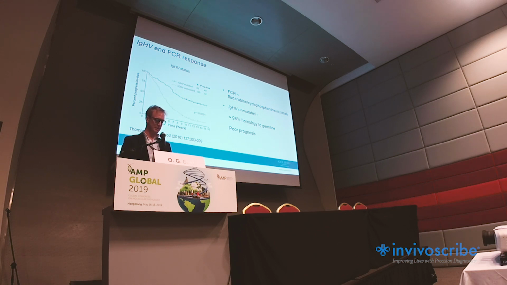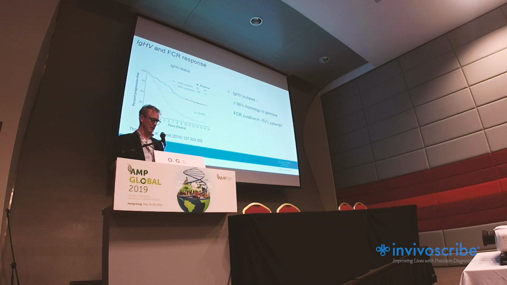Essentially, just the definition of IGH mutational status first. Unmutated cases are deemed to be those cases with greater than 98% homology to germline. And as I said, unmutated IGVH status in CLL is regarded as a poor prognostic factor.